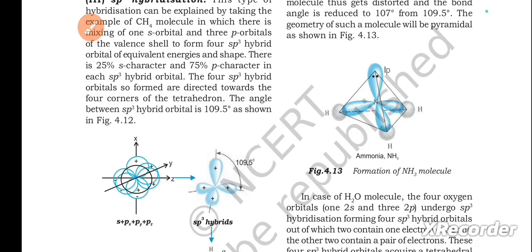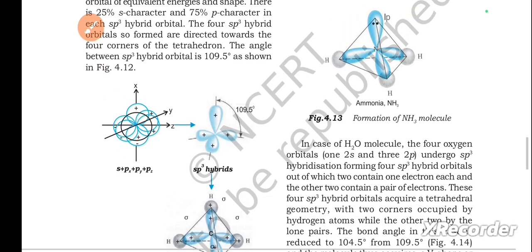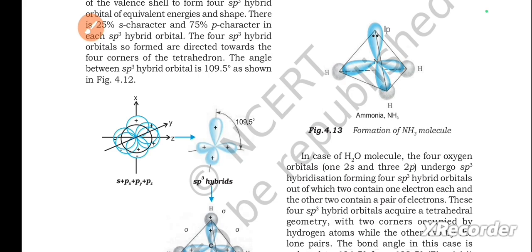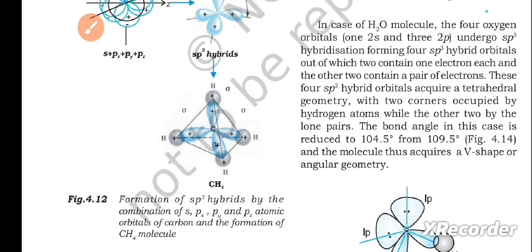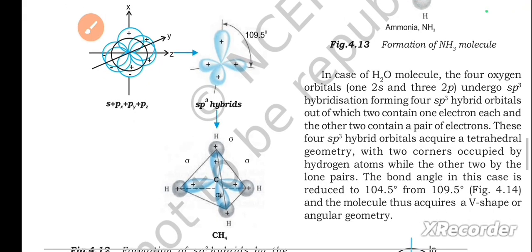There is 25% s character and 75% p character in each sp3 hybrid orbital. The four sp3 hybrid orbitals so formed are directed towards the four corners of the tetrahedron. The angle between sp3 hybrid orbitals is 109.5 degrees, as shown in figure 4.12. So this is the figure, just you can have a look.